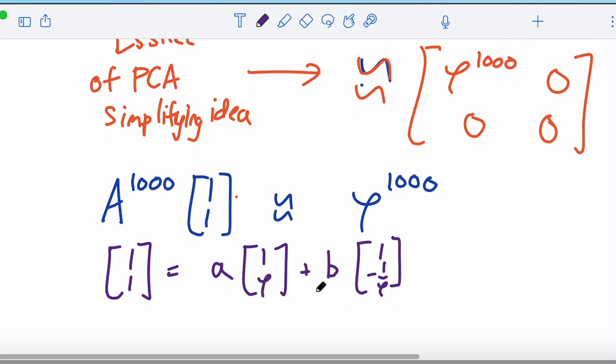There's some A and B that work, and the answer will be this times A plus minus 1 over phi to the 1,000 times B. It'll be something like that.